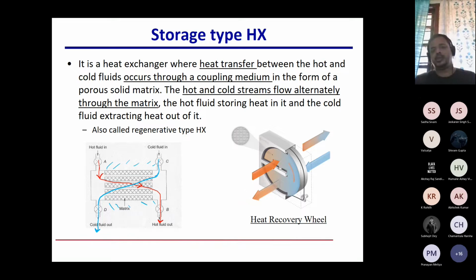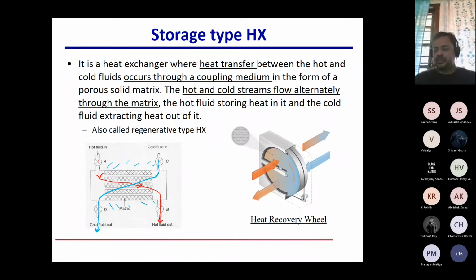All right. There is another type which is called the heat recovery wheel. Here, the porous matrix, let's say it's like a honeycomb structure, as I have shown over there. This wheel can rotate. The hot fluid flows to the top half, the cold fluid flows to the bottom half.